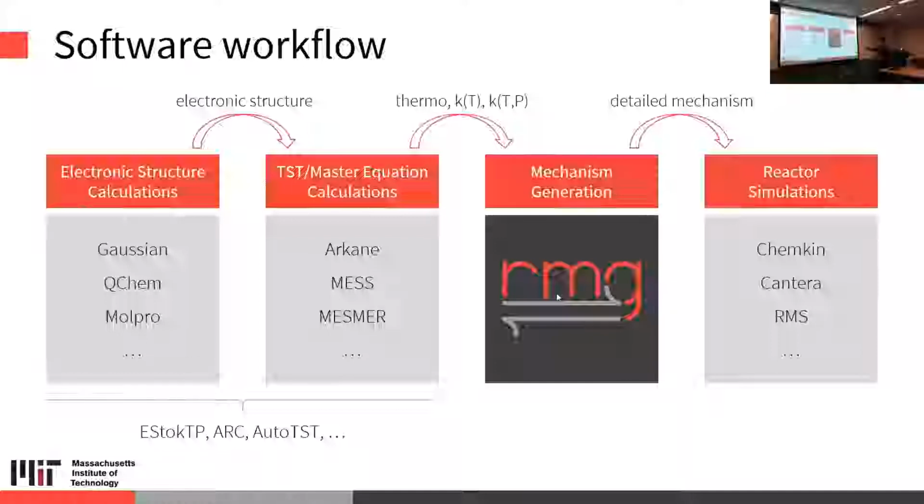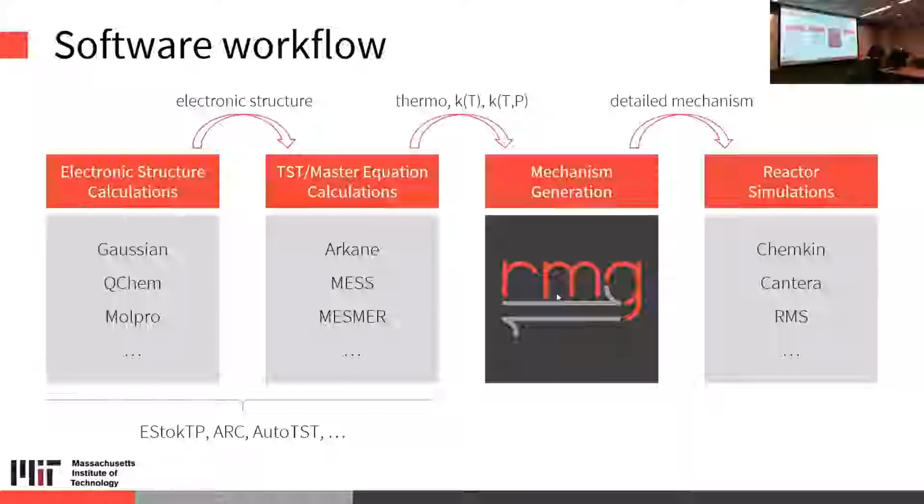And then from RMG, once you get the mechanism, we'll put it into some simulation software. This will actually be covered in the session following this: how to simulate your model in Cantera or RMS, which is the Reaction Mechanism Simulator. There are also some packages which try to streamline that first half of electronic structure calculation, such as ES2KTP, ARC, which is developed in our group, and AutoTST, mainly in Professor West's group at Northeastern.